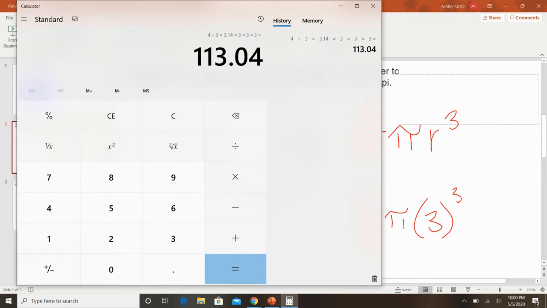Notice how I didn't hit the equal sign until I was all done, okay? That's going to help so you don't have to worry about rounding and writing down numbers or anything. Just type it all in until the very end and then press equals.